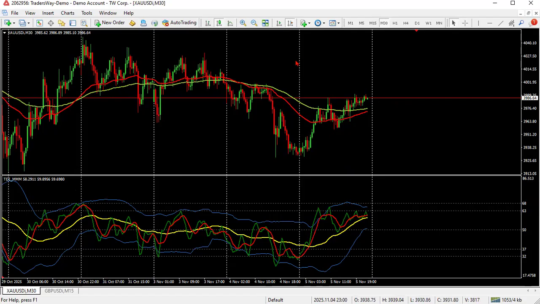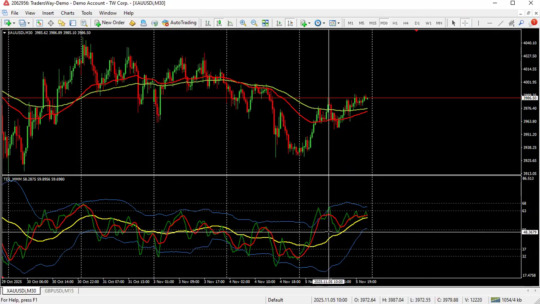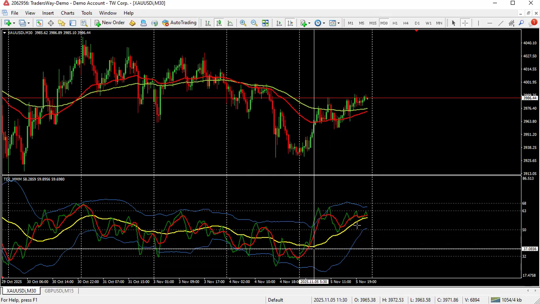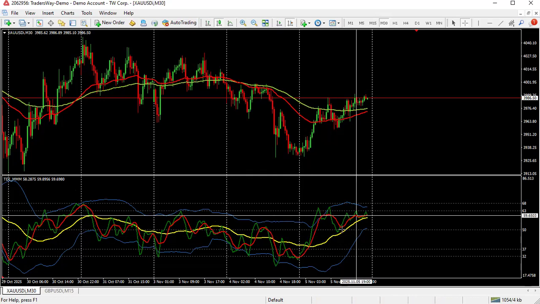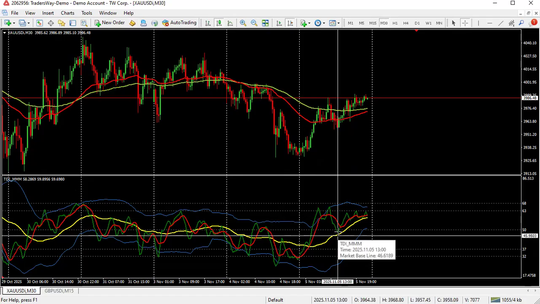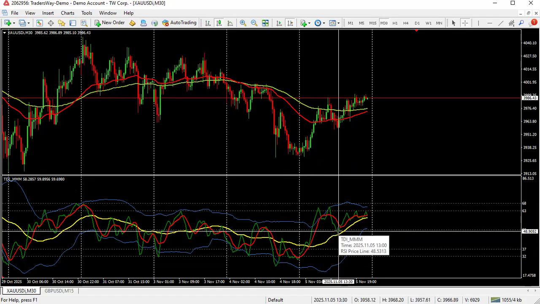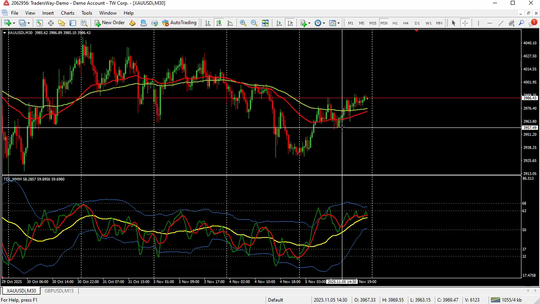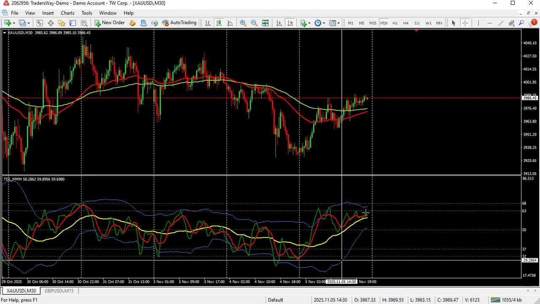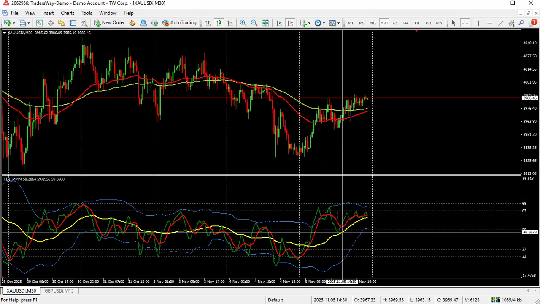And then also, here's another part of the visualization of TDI. When you have a curved up baseline and the RSI comes back to it, that first move for the most part is a continuation of whatever the baseline is doing. So it either comes to it or breaks through it.